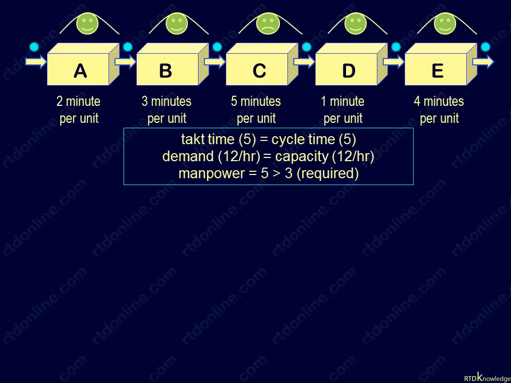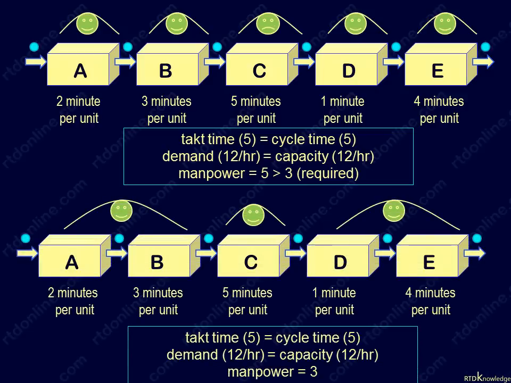Note that though our process can achieve the takt time of 5 minutes and the required capacity of 12 per hour with 5 operators, it will be overstaffed by 2. To right size and achieve the required capacity and takt time, we assign only 3 operators, as in our previous example, so that each gets exactly a 5-minute cycle time, which is also the takt time.